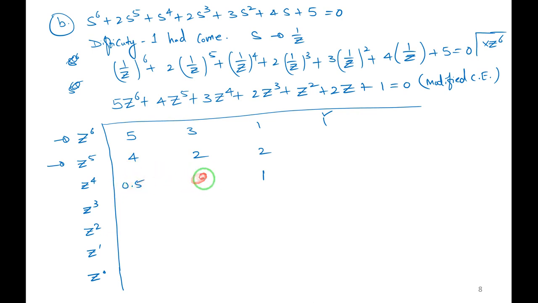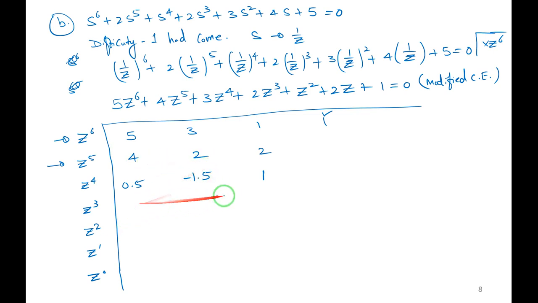Next, 4 into 1 is 4, minus 5 into 2 is 10, 4 minus 10 divided by 4, so minus 1.5.